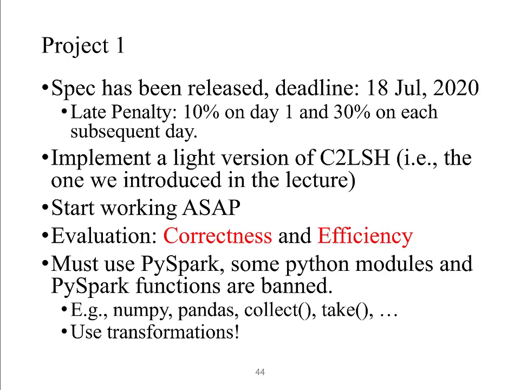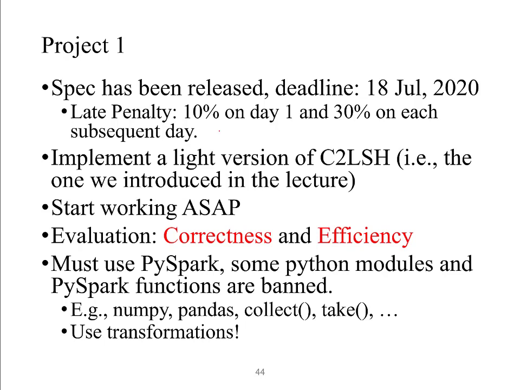I do plan to release it by midnight of Tuesday. So the deadline would be the 18th of July, and the late penalty would be 10% on the first day and 30% on each subsequent day.